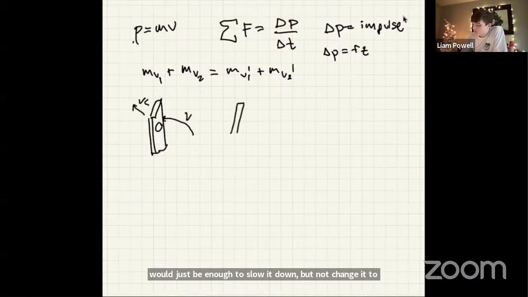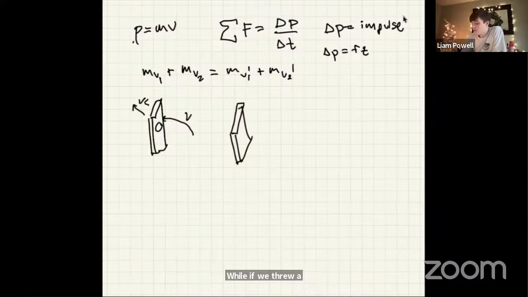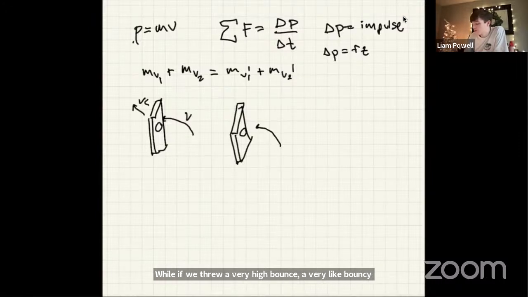While if we threw a very bouncy ball, when it hits the door and bounces off, the impulse is two times, because it changes the plus into a negative. So that would be double the amount of impulse.